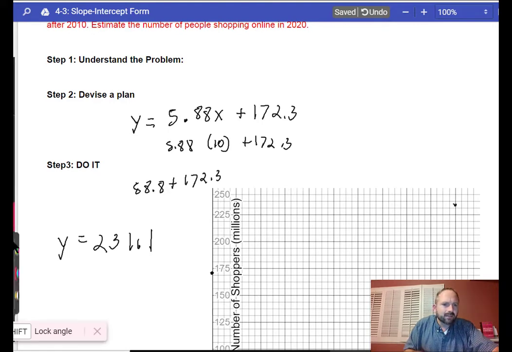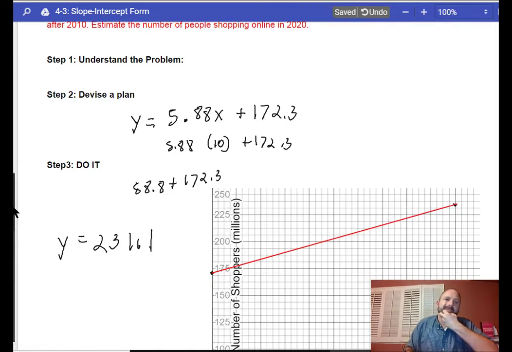So I'll tell you right now, as I critique this, this is definitely a graphing calculator type of deal where we're going to have to use our calculator to figure it out. We're going to use the equation to figure it out.